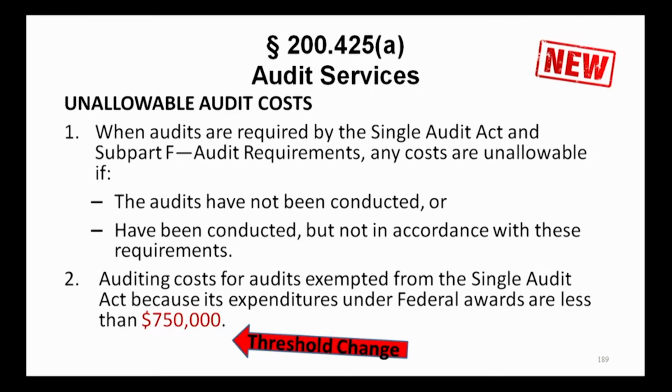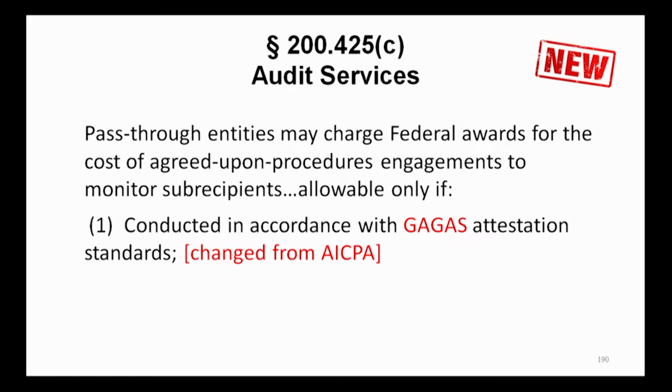If you did that and it was a deficient audit, that cost would be deemed unallowable to the federal award. And then, of course, the biggest change is the threshold change. It was increased from $500,000 to $750,000. So when the amount of our expenditures of federal awards exceeds $750,000, that triggers a requirement for the single audit.